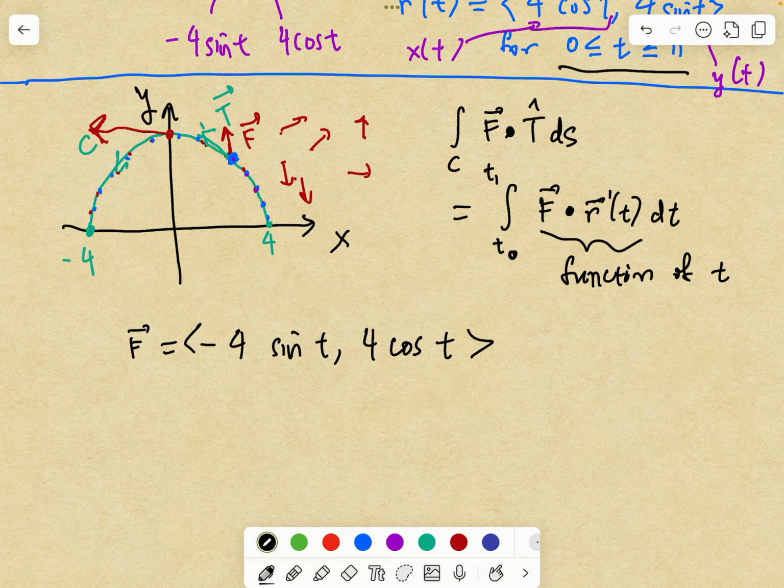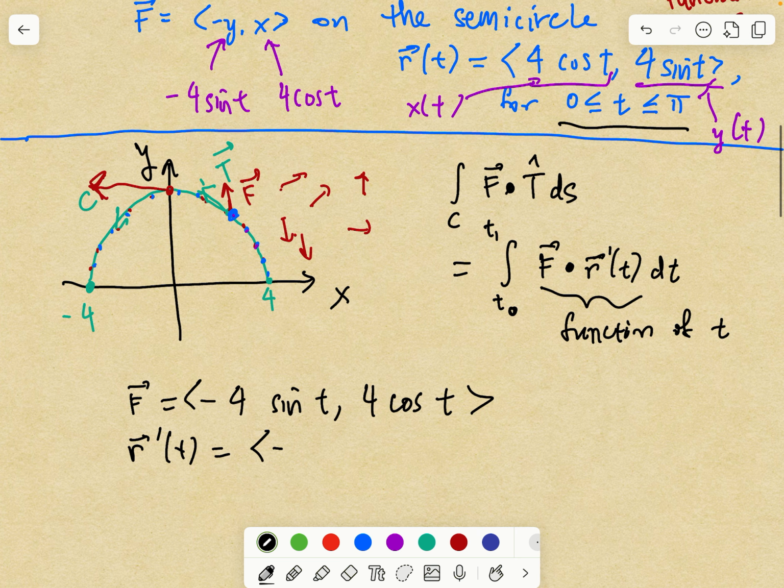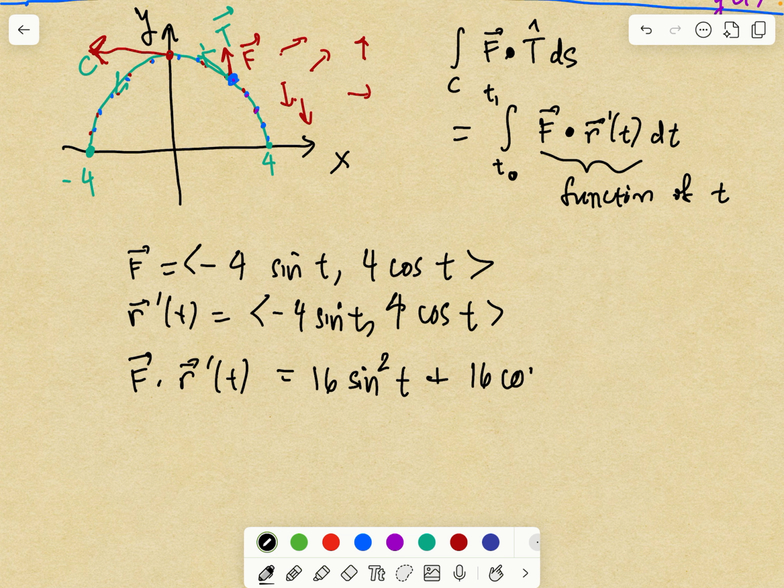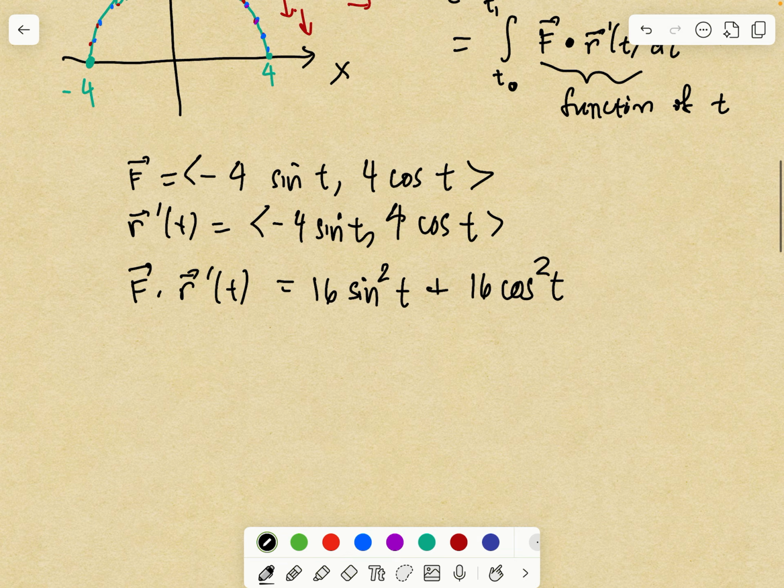And now we take the dot product with r prime of t. So we have to calculate r prime of t first. That's easy. Negative 4 sine t, comma 4 cosine t. Wow, it's actually the same. So when you calculate f dot r prime of t, you are going to get negative 4 times negative 4 is 16, and then sine t times sine t is sine squared t, and you get 4 cosine t times 4 cosine t is 16 cosine squared t, and then it turns out that this simplifies.